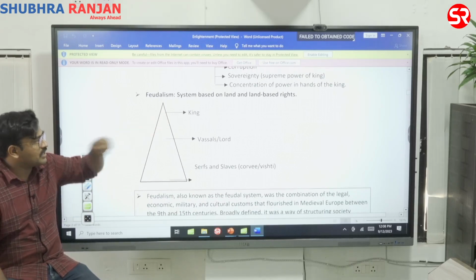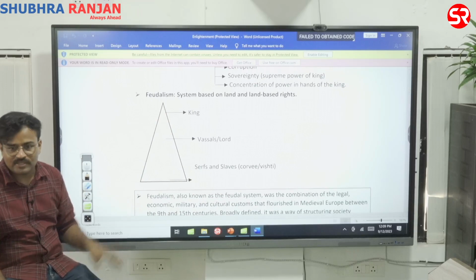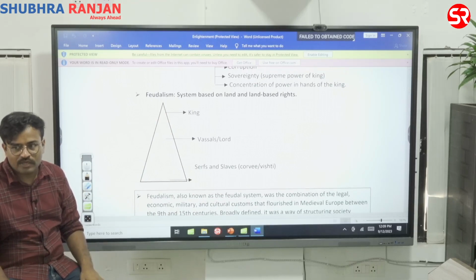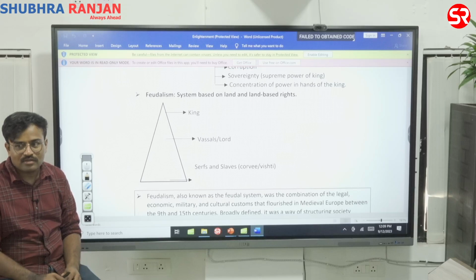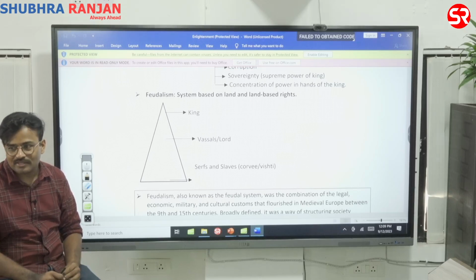Feudalism is a system based on land and land-based rights, sir. So can we call the Indian society of today a feudal society, sir? Can we call our system feudalism? Somewhat, yes. So our system is called a quasi-feudal system, sir, or semi-feudal system.